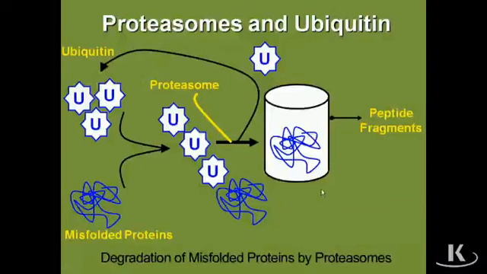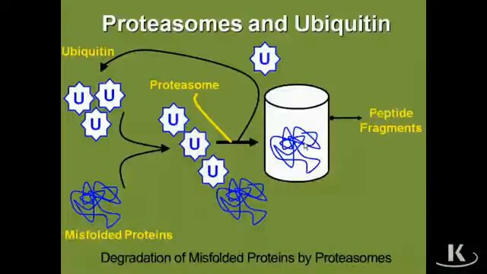The other thing I wanted to mention is that this is what we see when we look at antigen processing in immunologic cells. So, in a cell that's going to process an antigen, chop it up, and then display it on the surface of the cell in the context of either MHC1 or MHC2, the major histocompatibility proteins, this is how it happens.